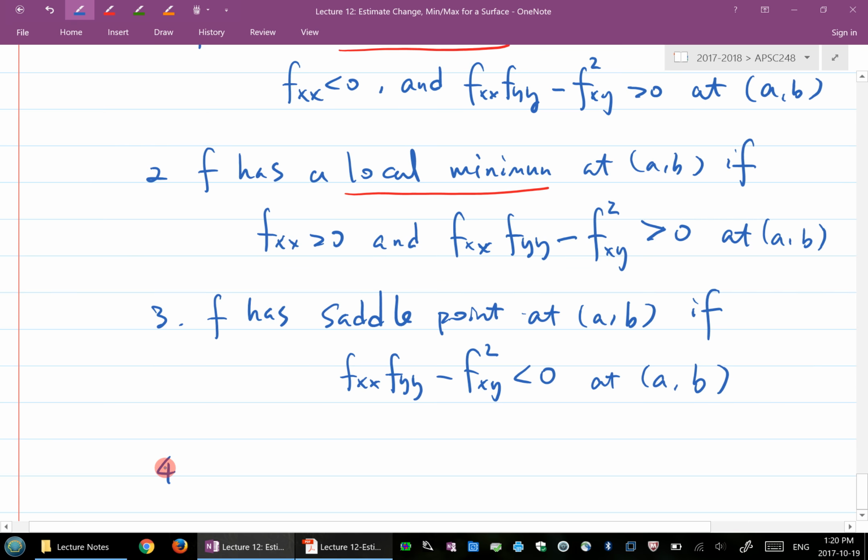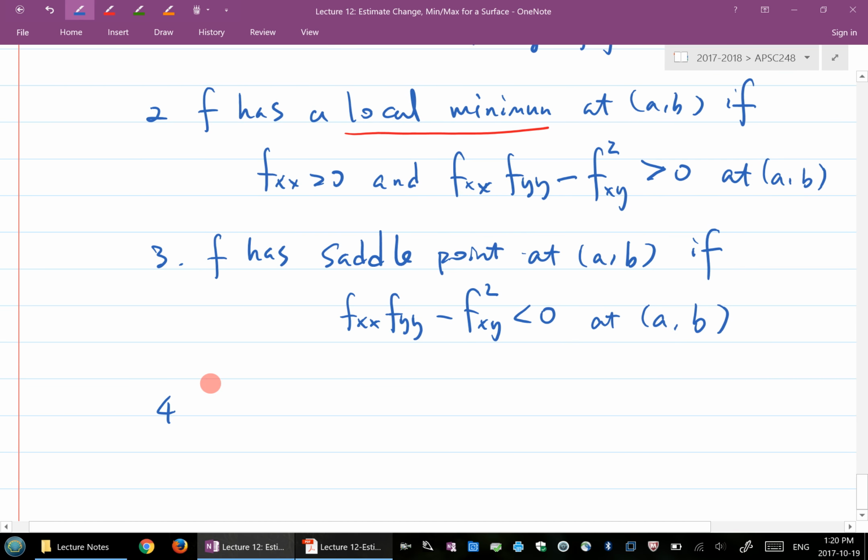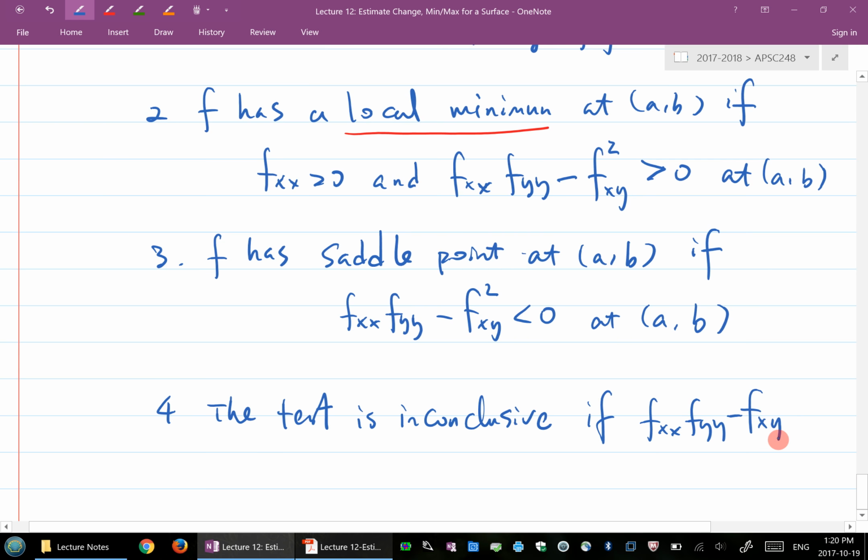There is a last case here. The test is inconclusive if fxx fyy minus fxy squared equals 0 at (a, b). If you happen to have that term equal to 0, then you cannot decide what type of point that is.